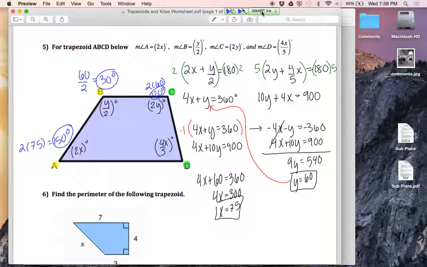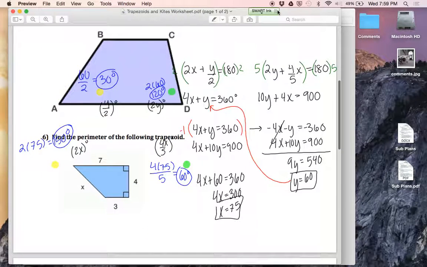And then for D, I'm going to do 4 times 75 divided by 5, and that equals 60 degrees. So you can double check the angles on top of each other, so like 150 plus 30, they add up to be 180, and they should. And then 120 plus 60 should add up to be 180, and it does. So that's good.